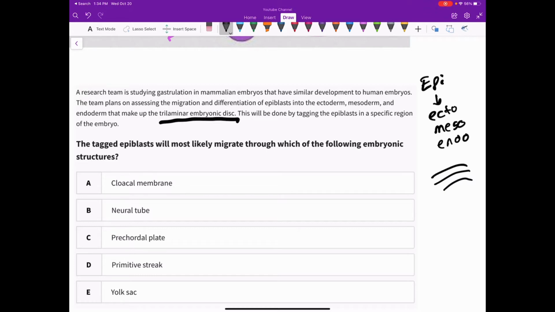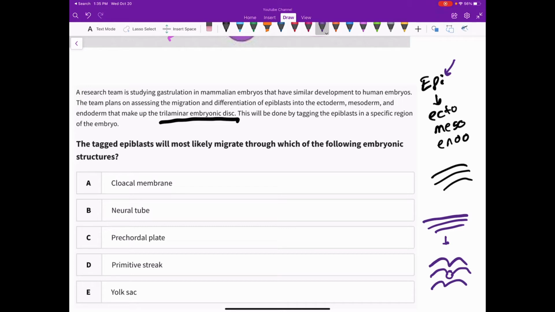This will be done by tagging the epiblast in a specific region of the embryo. Okay, so we're going to tag this guy. We're going to tag him. The tagged epiblast will most likely migrate through which of the following embryonic structures? Okay. Let's see. So if we have this trilaminar disc and then it forms into the notochord in the middle, right?